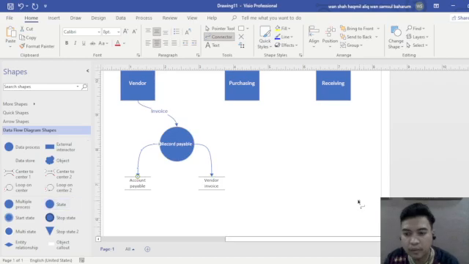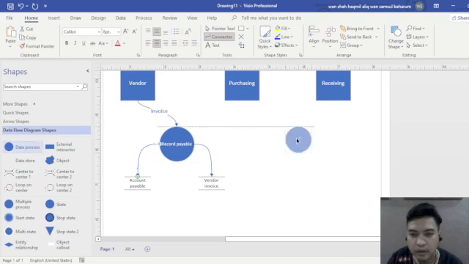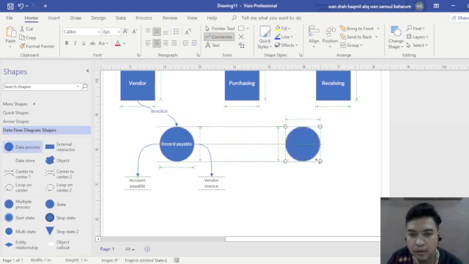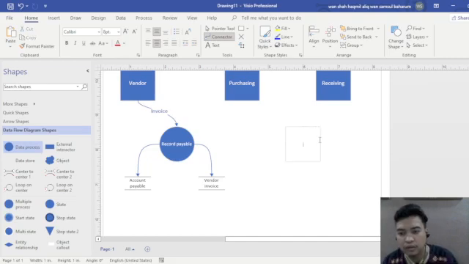From purchasing and receiving, there will be one circle with the name collect and store purchase order and receiving report.